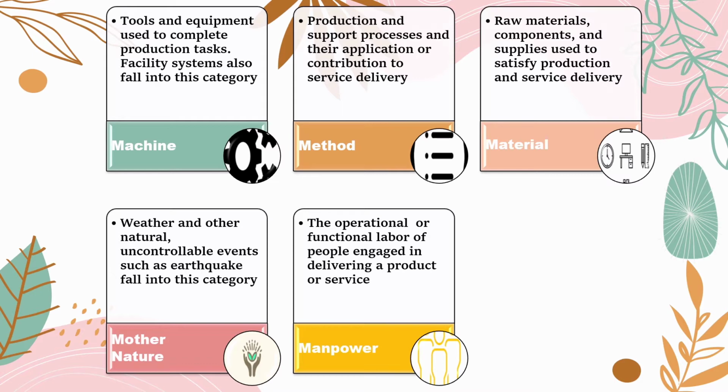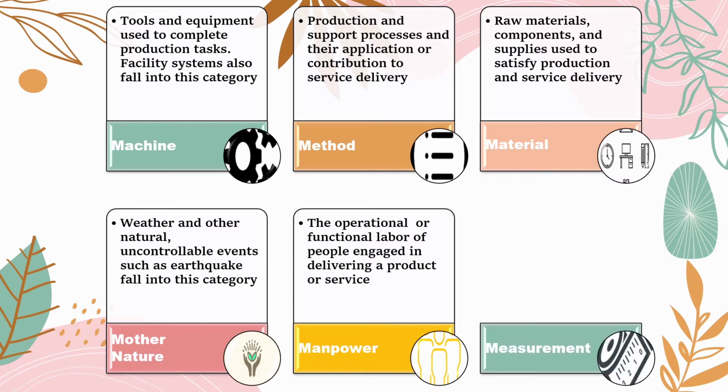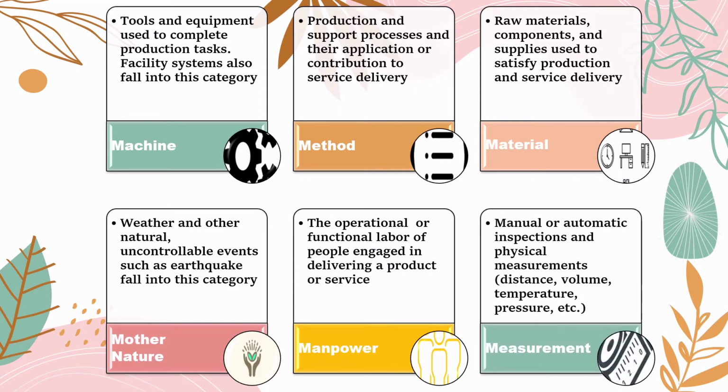For example, training is not consistent in a company. The last is measurement. Manual or automatic inspections and physical measurements such as distance, volume, temperature, pressure, and more are categorized into measurement.